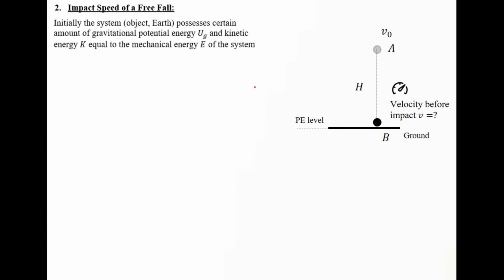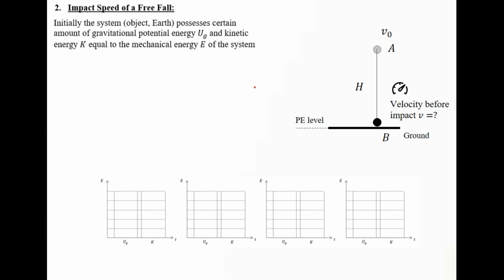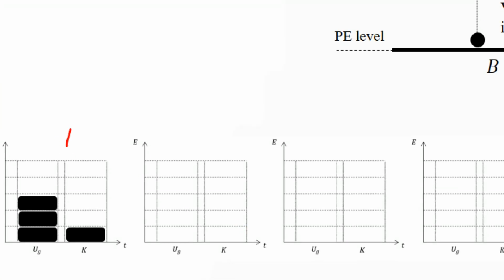Initially, the system object-Earth possesses a certain amount of gravitational potential energy and kinetic energy, and this can be pictorially represented here. That would be the point A, and that would be the point B. At the point A, we have a certain amount of both gravitational potential energy and kinetic energy. The kinetic energy might be greater than UG, but in this case the comparison is not important.